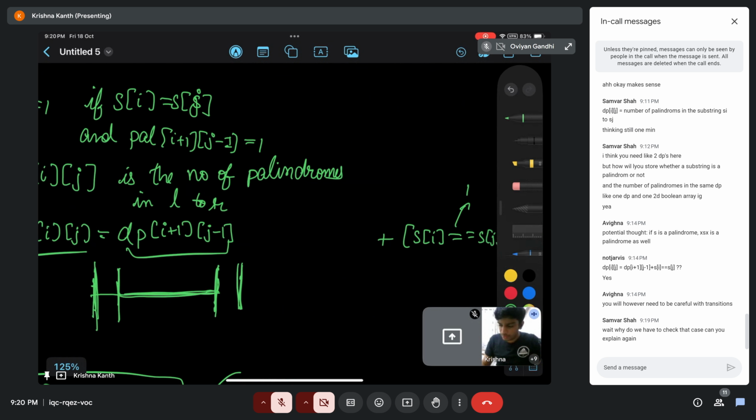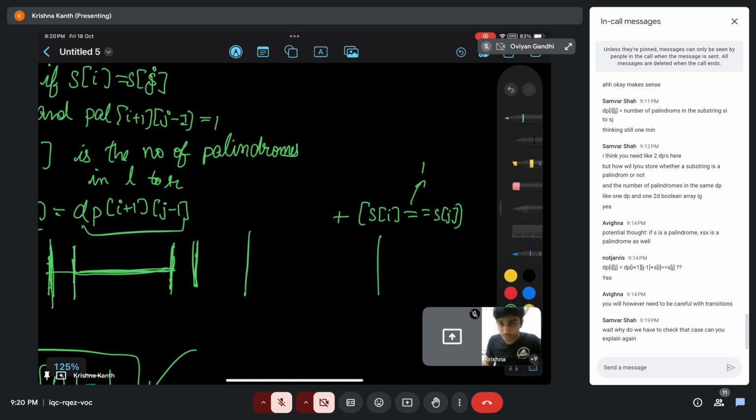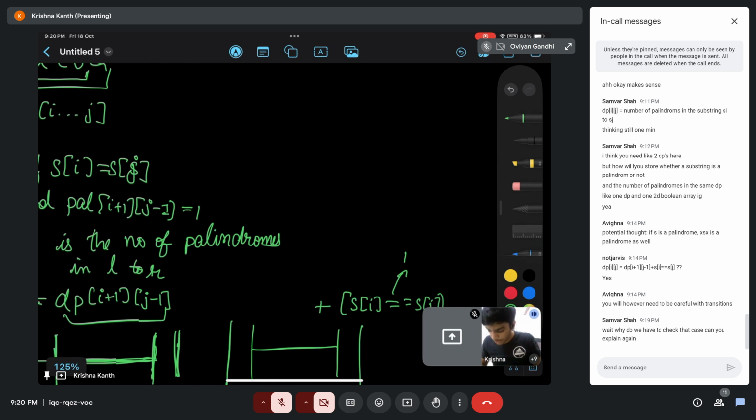See, you're considering this string, right? And then you're saying the only transition is this to this, like L to R, then L plus 1 to R minus 1. But do you also notice that, okay, I'll take a string itself.